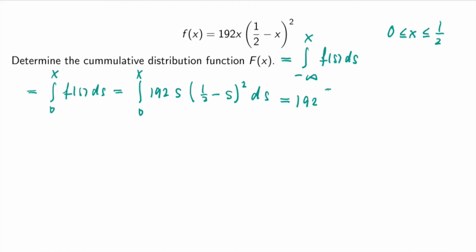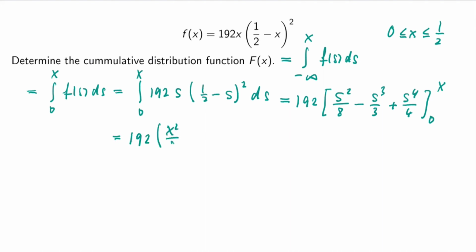So I can move to the step where I found the antiderivative already. This was x squared over 8 minus s cubed over 3 plus s to the 4 over 4, between 0 and x. So we get 192 times x squared over 8 minus x cubed over 3 plus x to the 4 over 4.